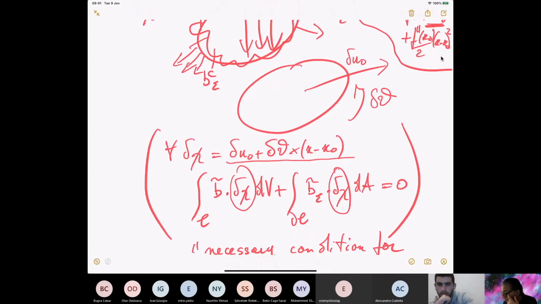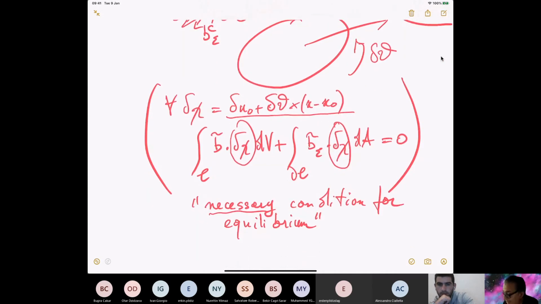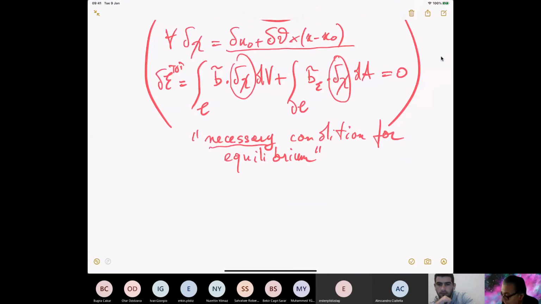And as the stationarity condition says that the first variation of total energy must be 0, because of the hypothesis about the deformation energy, this delta E in this particular case is given by this expression. Now let us write delta K equal delta U0. So we assume that delta theta is 0.